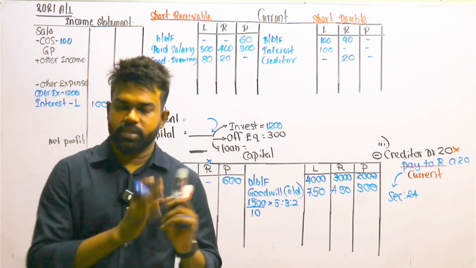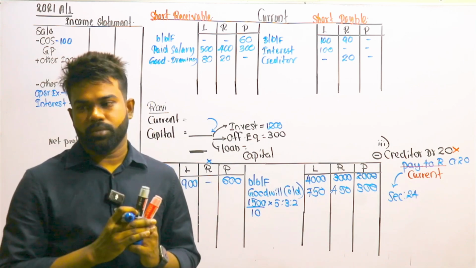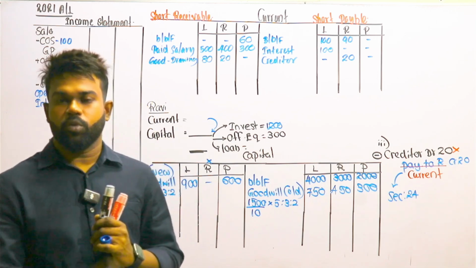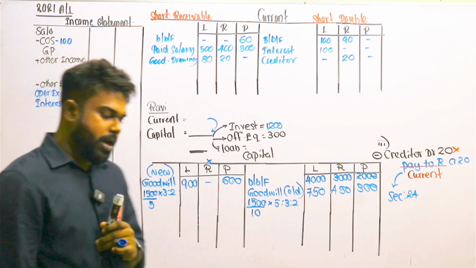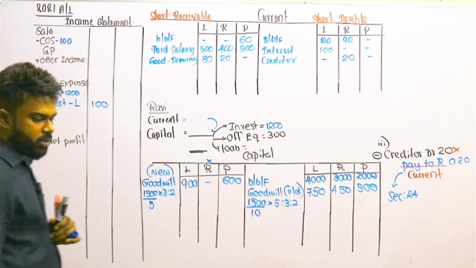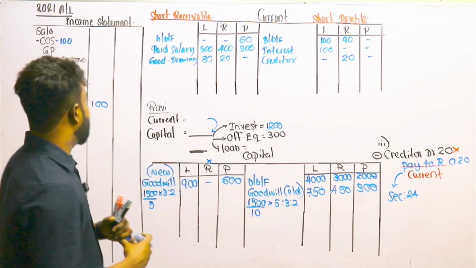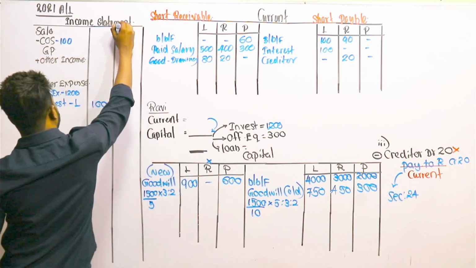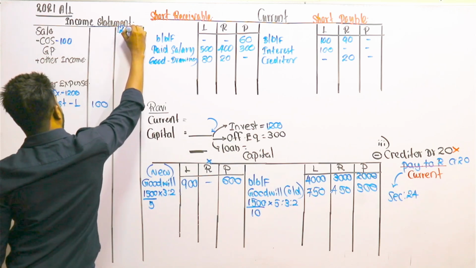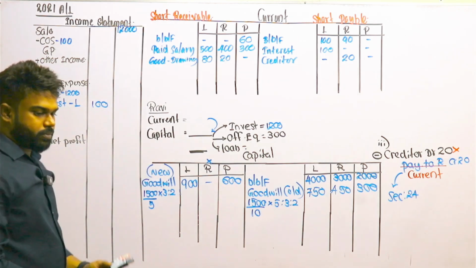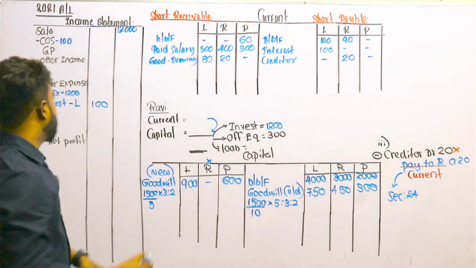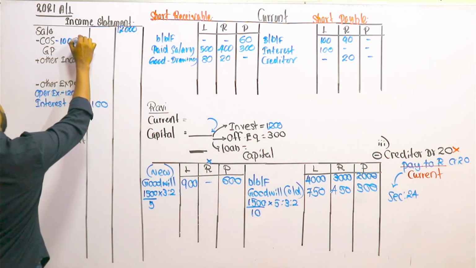So now next step what? Record the TB items. Property, plant and equipment no need to record. Investment also no need to record. Income statement items. Sales 12,000. Record your sales. It's 12,000. Cost of sales 4,000. But here there's an adjustment.